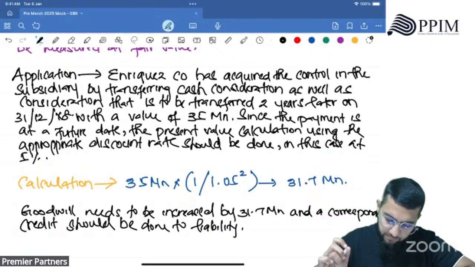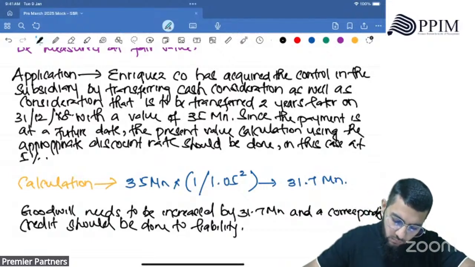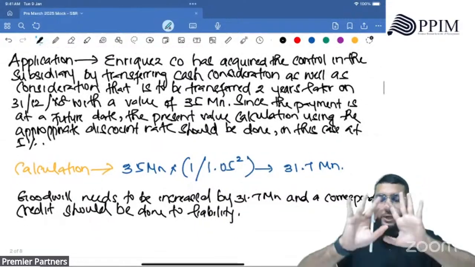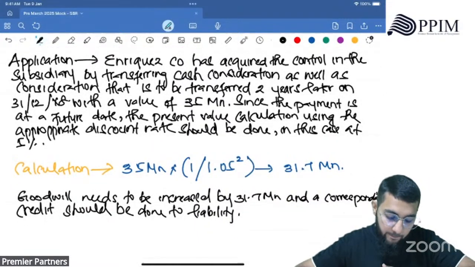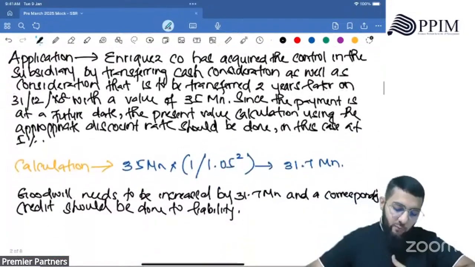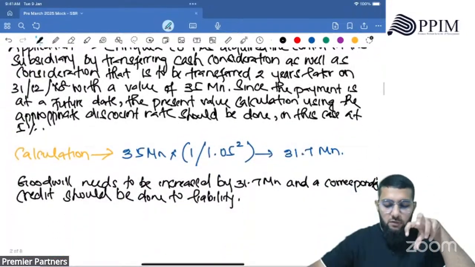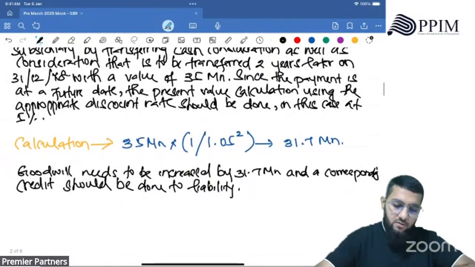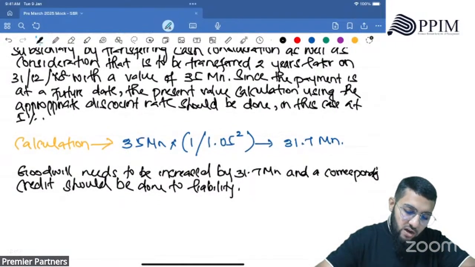So that's point number 1 in issue number 1. Still continuing with issue number 1, when there is a discounting factor applied, we have to unwind.